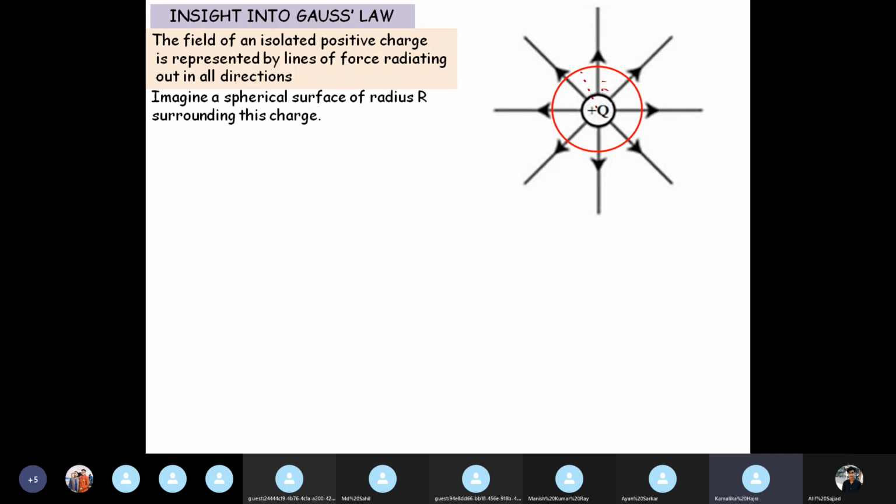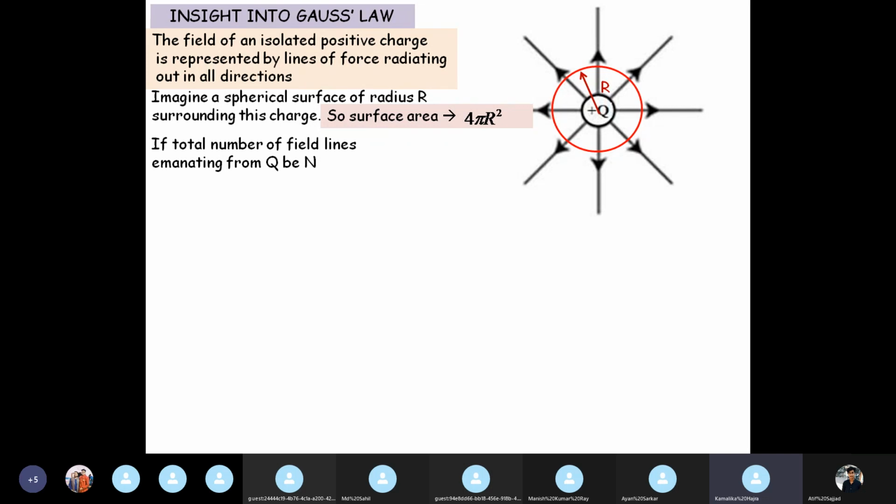Okay, so this is what I'm talking about, radius r surrounding the charge. All right. Since this entire thing is in 3 dimensions, the surface area of this sphere of radius r is given by 4 pi r square. You all know the formula for surface area of a sphere.